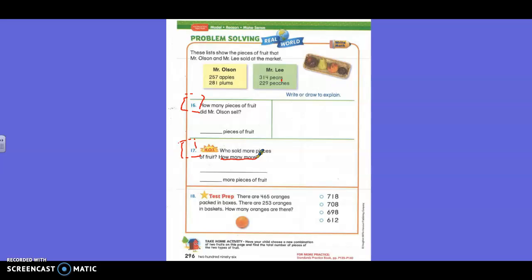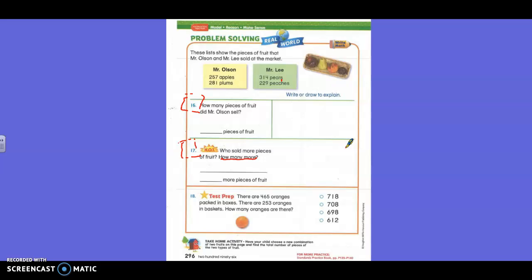That's subtraction. So when you find out how many Mr. Olson sold, then you can write it on 16. Then you'll have to find out how much Mr. Lee sold over here. And then you will have to subtract what Mr. Olson sold to Mr. Lee sold, okay? To see how many more.